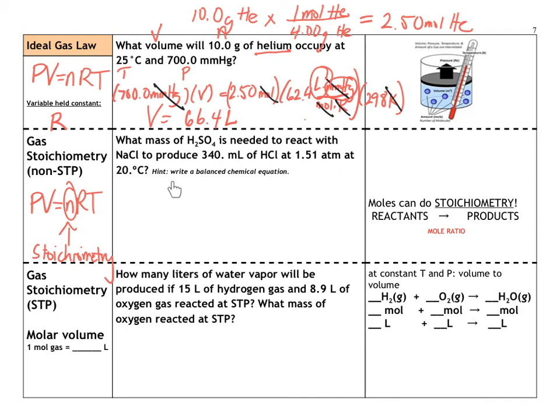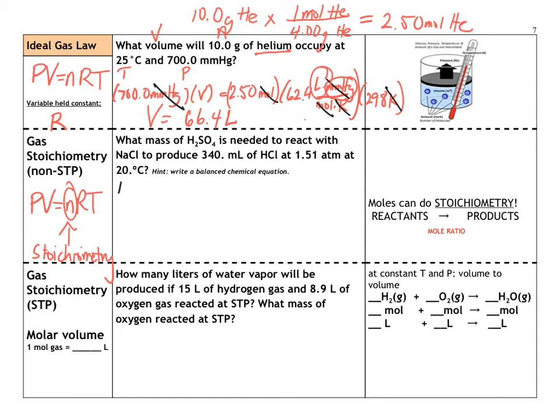So the first thing to do is to write a balanced equation. And how I know to do that is because I see a reaction occurring. You're having two substances react to form another substance, as well as probably an additional substance. So let's go ahead and write a chemical reaction out to start.